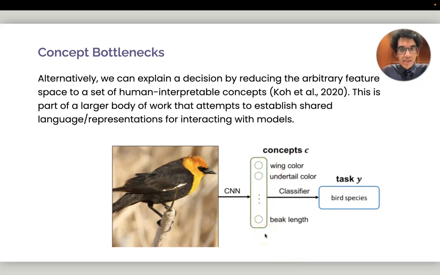In this case, experts have gone in and labeled the wing color, undertail color, beak length, all these properties about the birds. And then you first train your complicated model to predict that dense annotation. And from that dense annotation, you learn a very simple model for that final step.